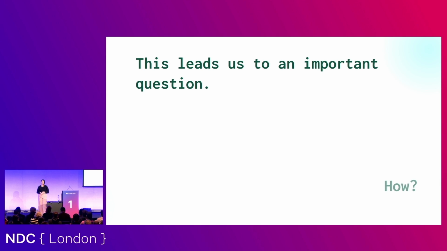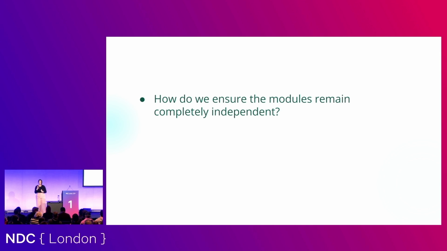So this leads us to an important question, the how. We've spoken about nebulous theory, but as .NET developers, which I'm going to assume most of you are, how do we go about doing that? We need to ensure that modules remain completely independent so that we can just break them off.